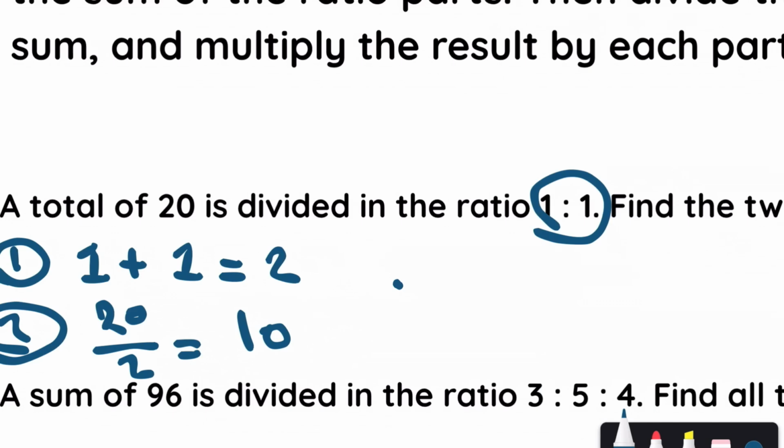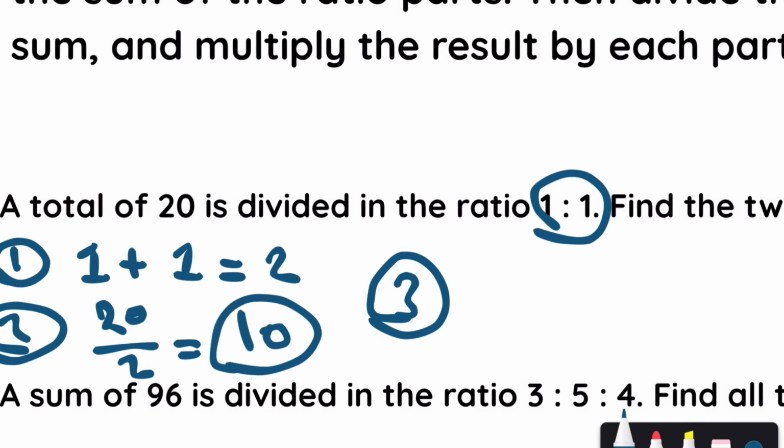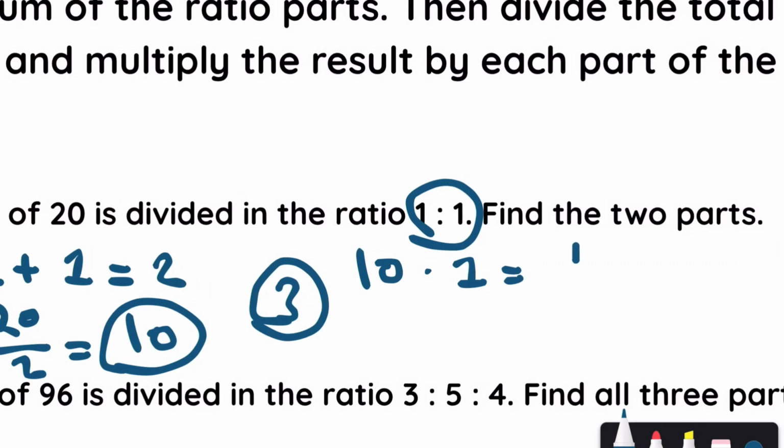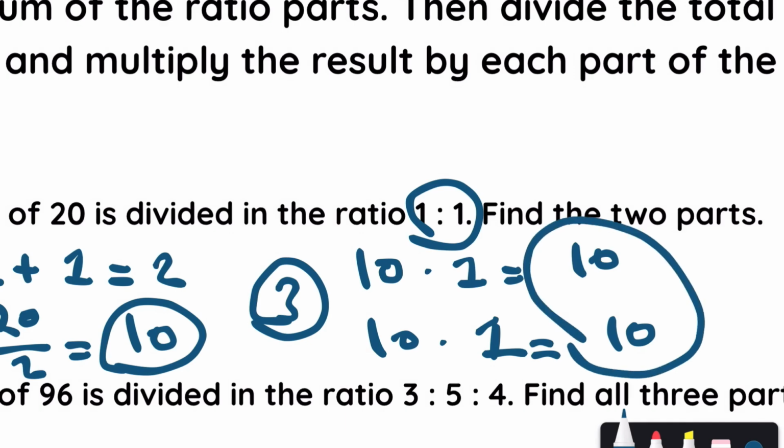And thirdly, I'm mixing this up a little bit, but multiply the result of the division by the denominator and the numerator, right? So 10 times 1, which is 10, and 10 times 1, which is 10. Okay, the two parts are 10 and 10.